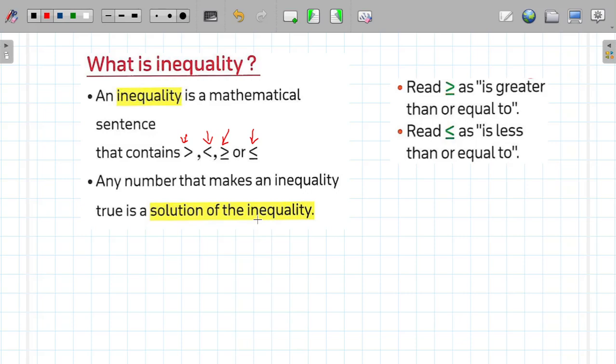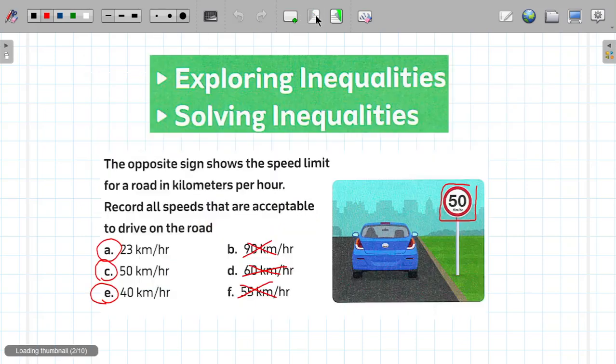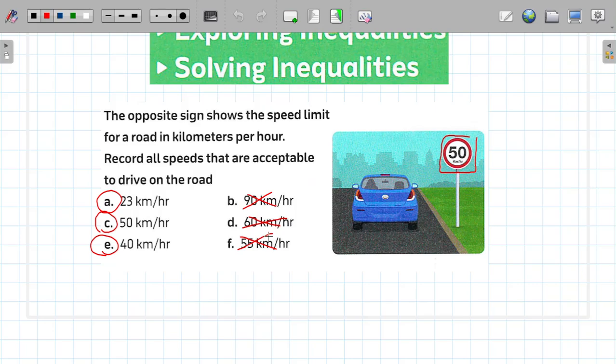Okay, so let's look at the previous example again. What is the inequality that expresses the situation? I want all numbers that are less than 50. So I can say numbers like x, and x is a variable, will be less than 50. So 50 is the bigger one. But here I have that 50 is acceptable.